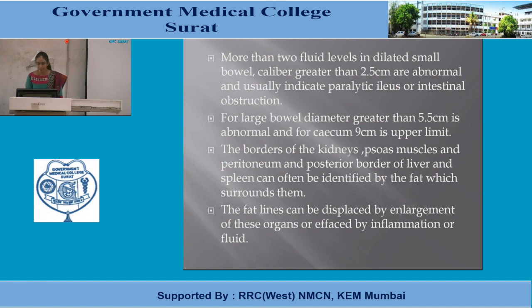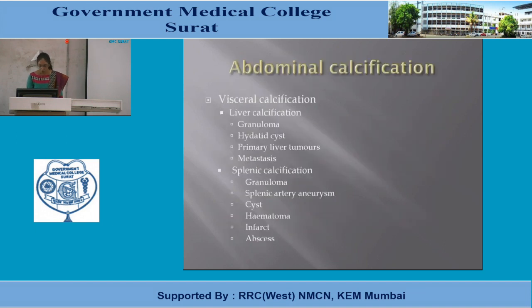The border of the kidney, psoas muscle, peritoneum, and posterior border of the liver and spleen can be identified by the fat which surrounds them. The fat line can be displaced by enlargement of these organs or effaced by inflammation or fluid. On X-ray KUB or abdomen X-ray, sometimes we see radiodense calcification.